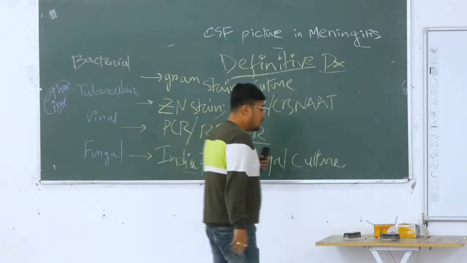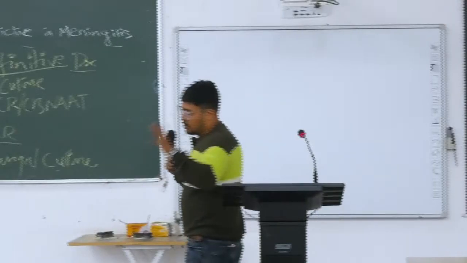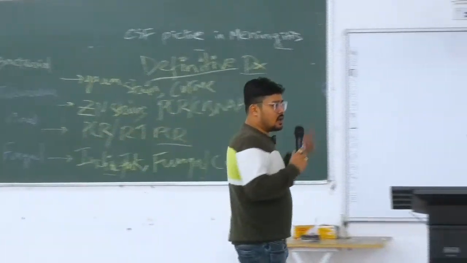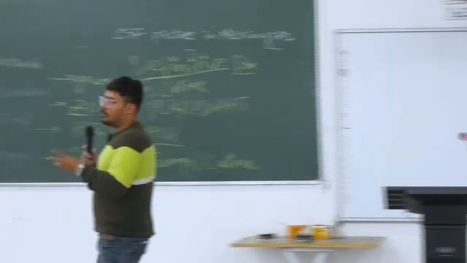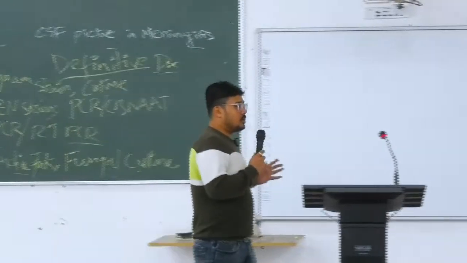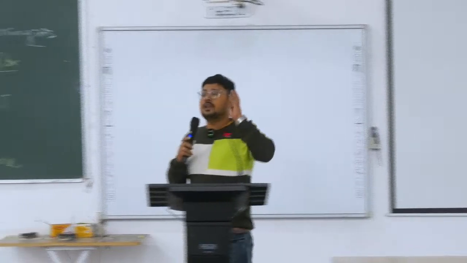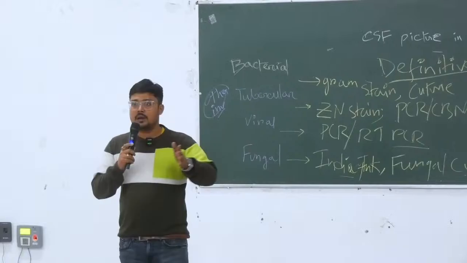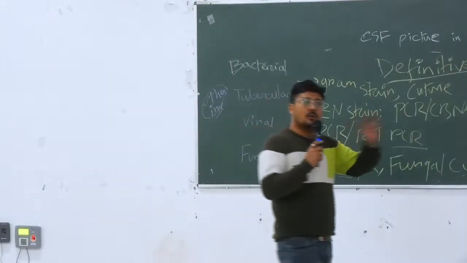So meningitis has mainly four different types. Number 1 is bacterial meningitis, number 2 is tubercular meningitis, number 3 is viral meningitis, number 4 is fungal meningitis. And what we need to know? The appearance, the cell count, the types of cells, the protein and the sugar are all altered in their own respective way.